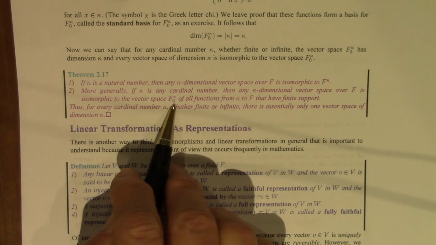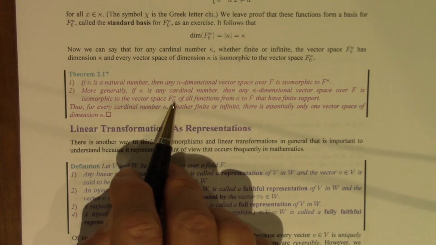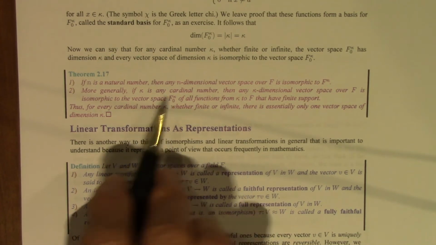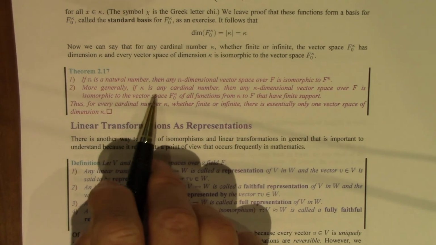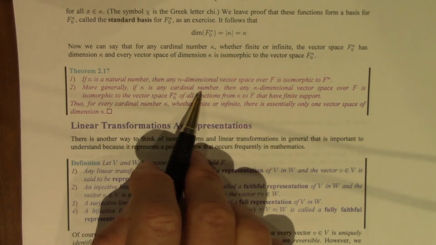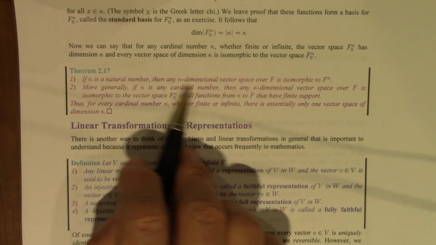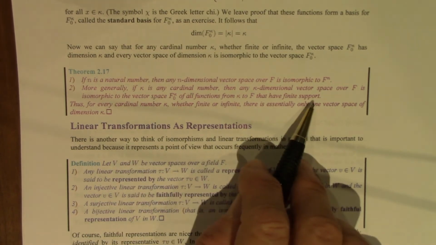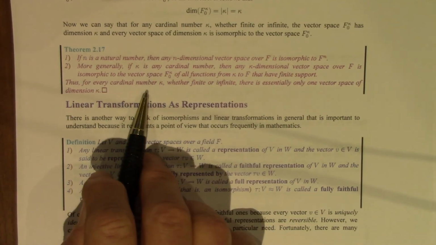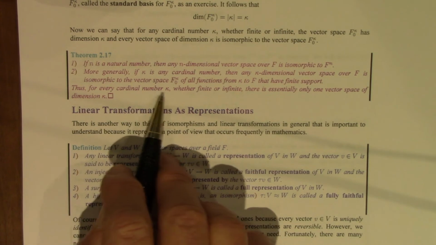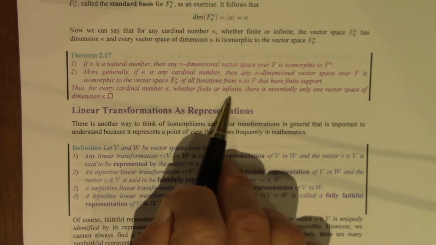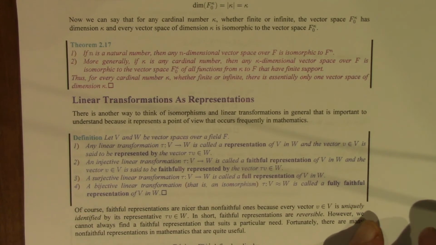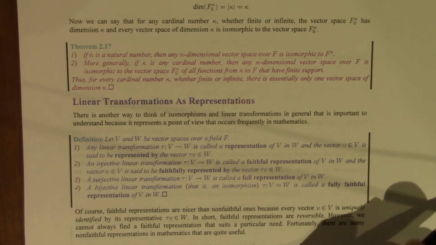And so that is, up to isomorphism, the only vector space of dimension kappa. Of course, part 2 covers part 1, because kappa can be a finite cardinal, which means it's a natural number n, and then the subscript naught does nothing, because all functions must have finite support, since the domain is finite. So, for every cardinal number kappa, whether finite or infinite, there is essentially only one vector space of dimension kappa.